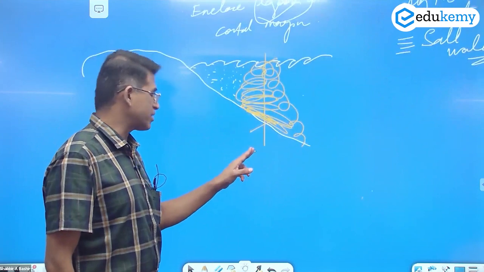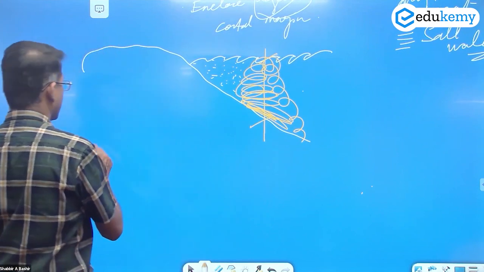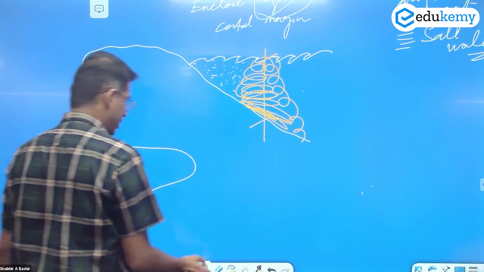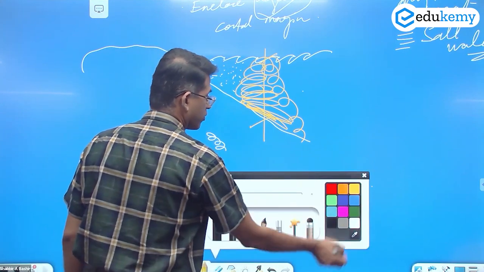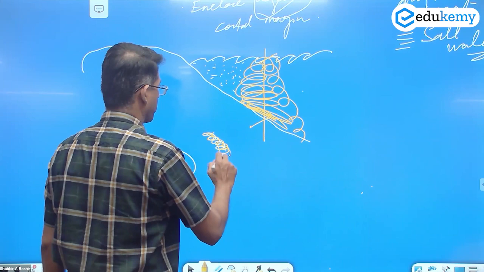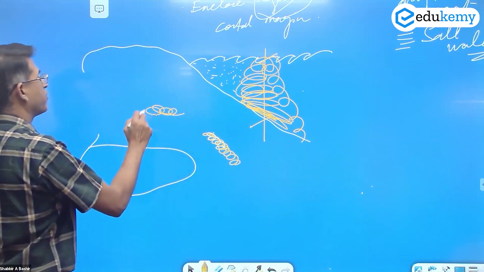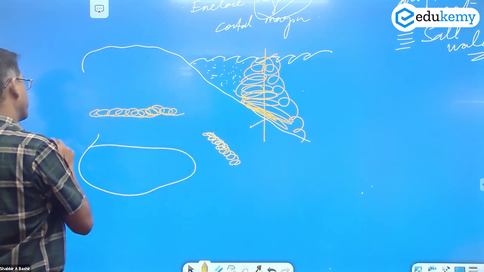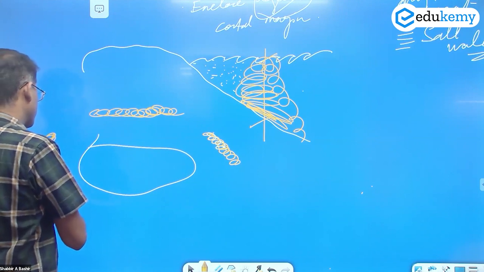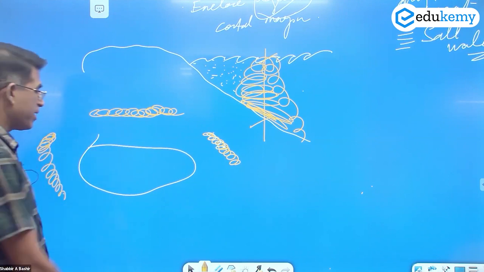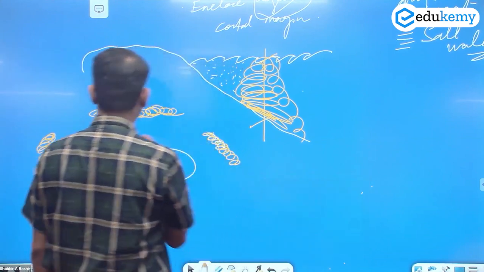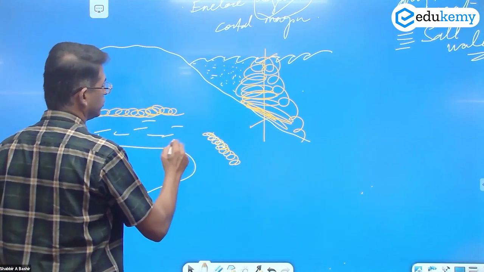ये है vertical cross section. If you look from top, अगर ये island है, then this is your barrier reef, further away from the coast. These are the barrier reefs. और जो बीच में है, this is the lagoon.